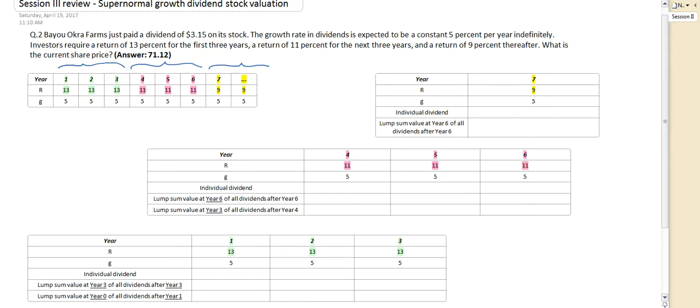So with this fact, because we know that in order to find the present value of dividends, or basically the price of the stock at any time, you need to have the dividend one period ahead and divide that by R minus G. If you're going to find the price of this stock at time 0, which required return are you going to use?